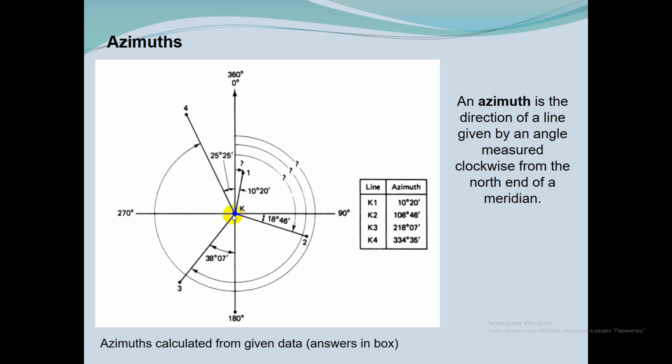K3 you can measure like 180 degrees plus 38 degrees. So the azimuth of K3 will be 218 degrees.